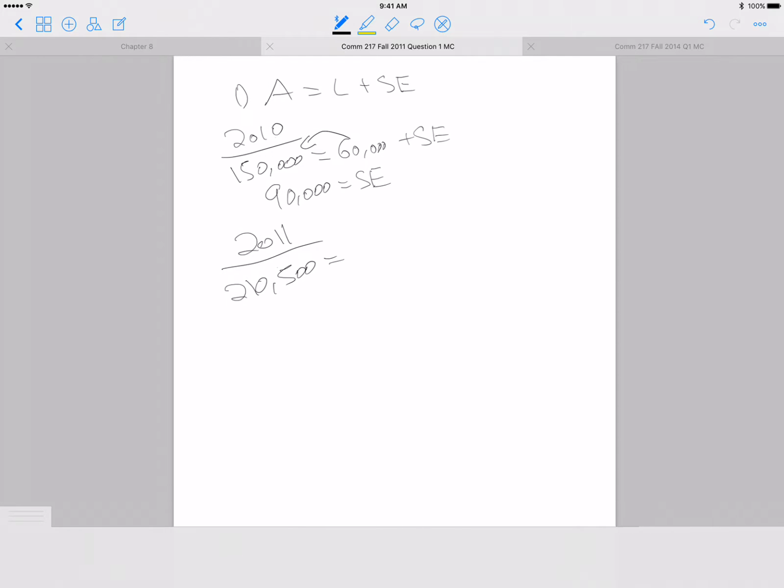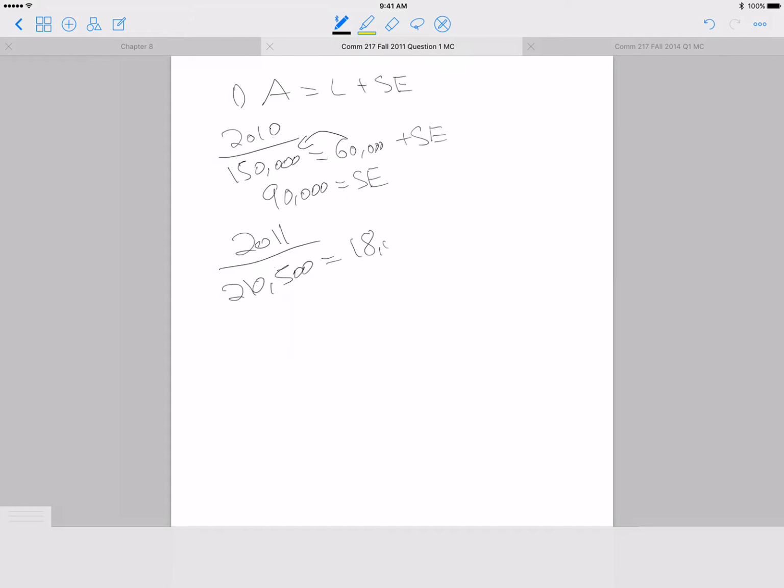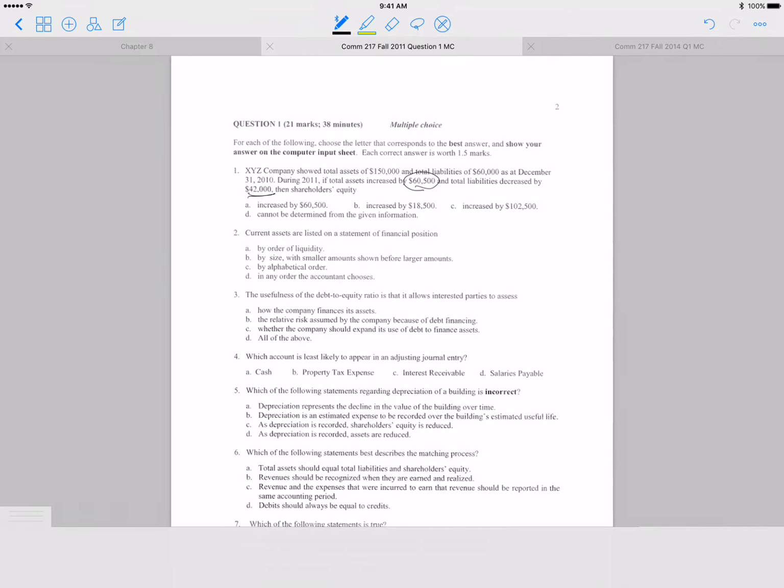So that makes the liabilities now $18,000, and they still didn't give you shareholders' equity, so you just do the same thing and go $210,500 minus the $18,000, which is going to get you a shareholders' equity of $192,500.